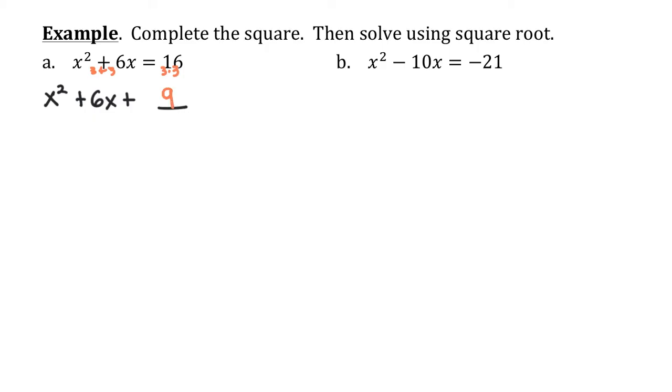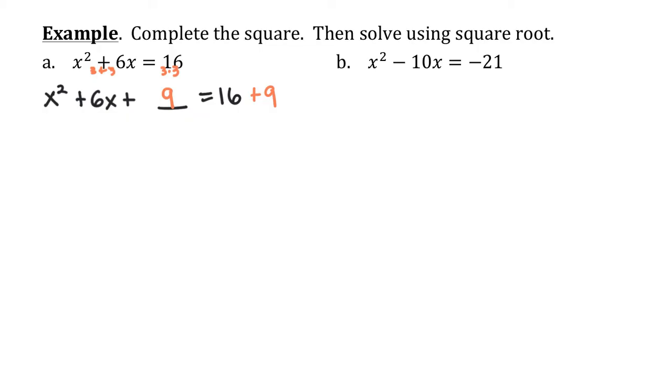Which is what we did last class, except I had this equals 16 here, so I can't just drop that. So let me bring down the equals 16. Now because I added 9 to the left side of the equation, I have to also add it to the right side of the equation to balance the equation. The reason we completed the square here is so we could factor it into a binomial square.